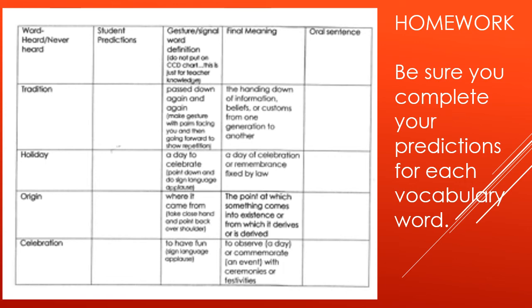The final meaning, what tradition means, is that it's the handing down of information, beliefs, or customs from one generation to another. Now, your prediction should not say that same thing. That means it didn't come from you, it came from me. You don't use the same words as I do when you make your prediction, right?